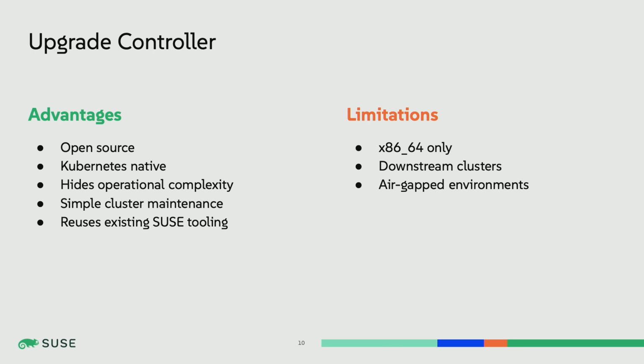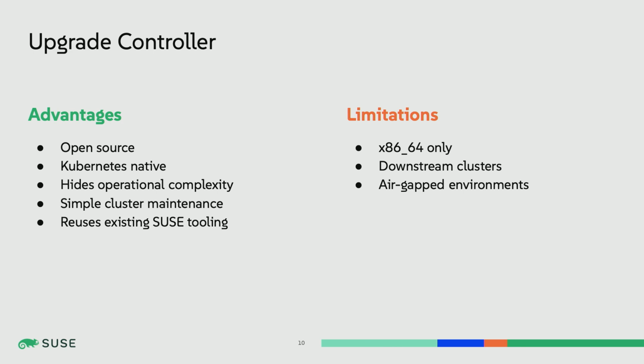It hides the operational complexity, so this is eventually a single centralized point of tooling which does the upgrade for us. We don't have to do any manual steps. We don't have to do anything pretty much aside from triggering the simple upgrade procedure by applying a custom resource on our cluster.